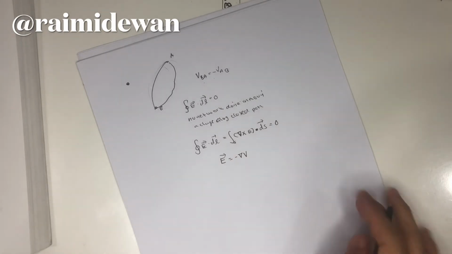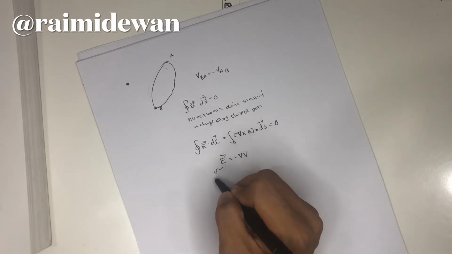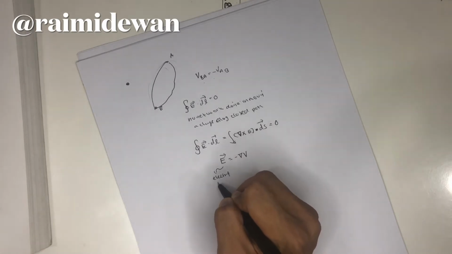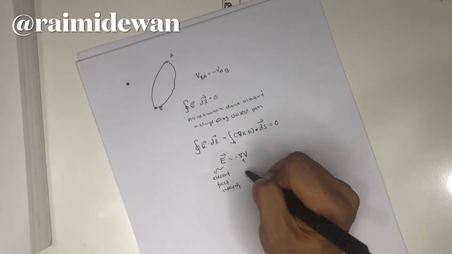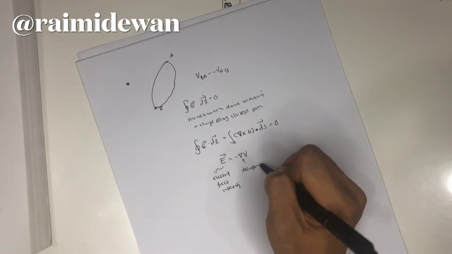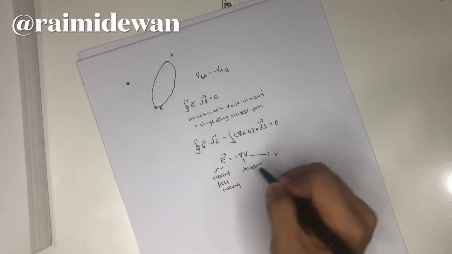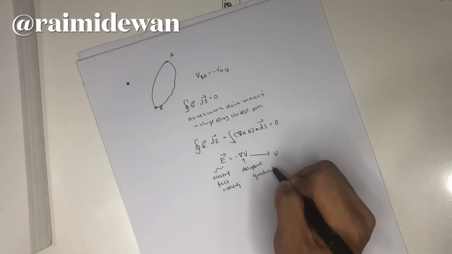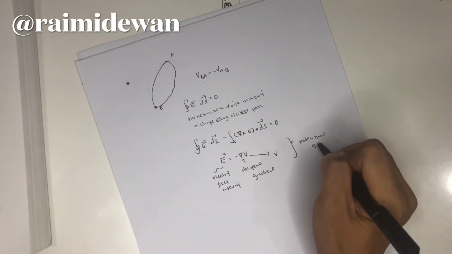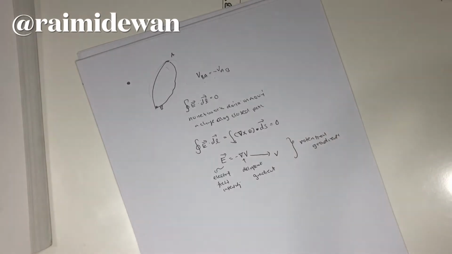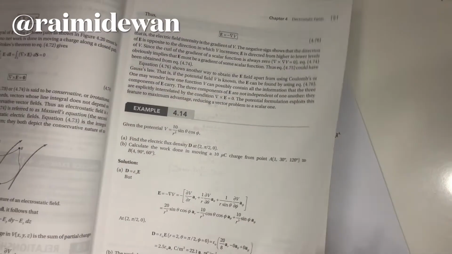Here is the electric field intensity E, and this is your del operator, and this is your V. Del V, we call it the gradient. That is why we call it the potential gradient.